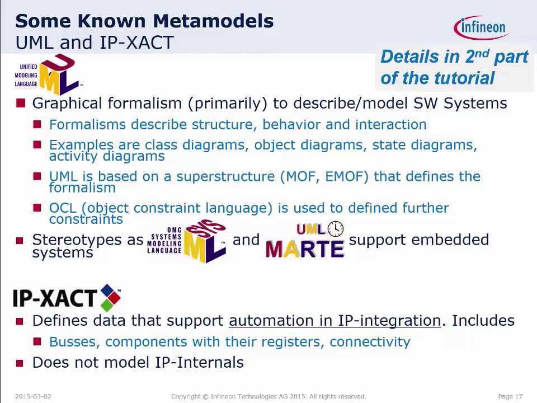And there are already languages defined, like the object constraint language, where you can formalize checks on your model. For example, a register name is only allowed to be 9 characters long. A bit field offset plus width should not be greater than the data width of the register. Stuff like this can be formalized in the object constraint language.